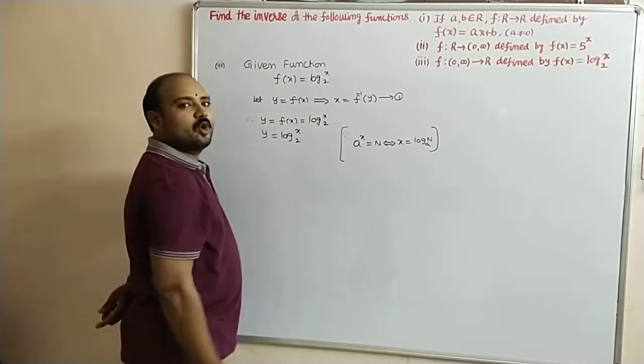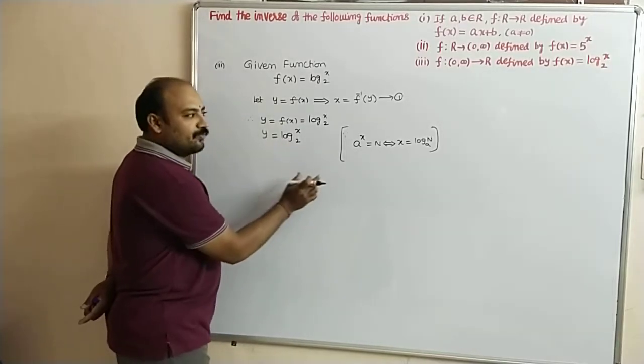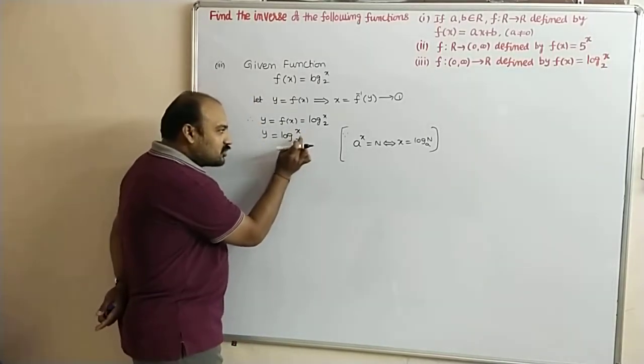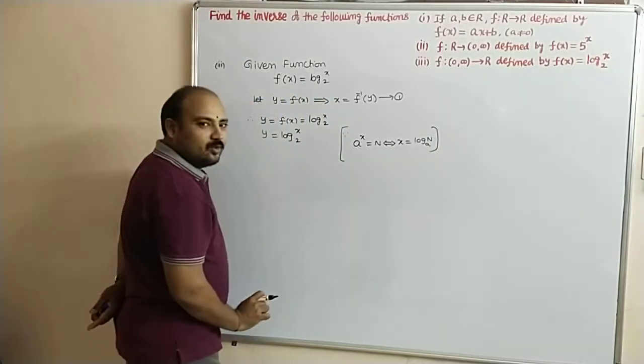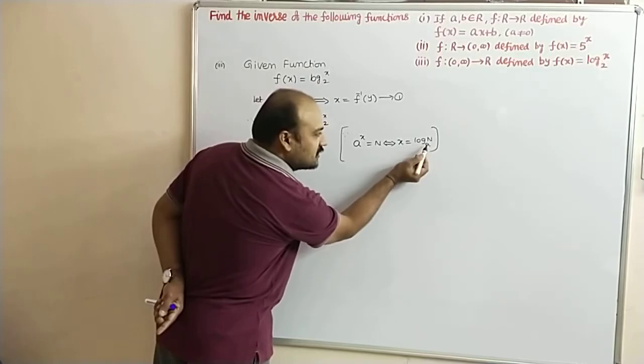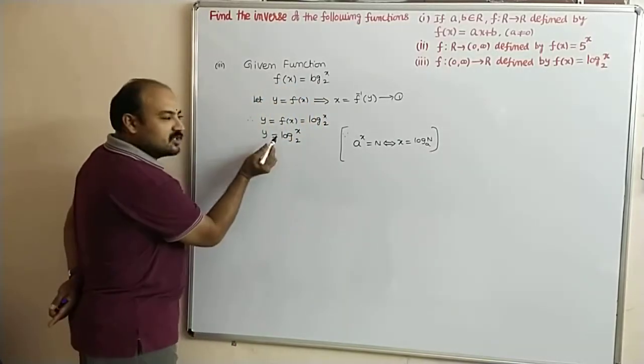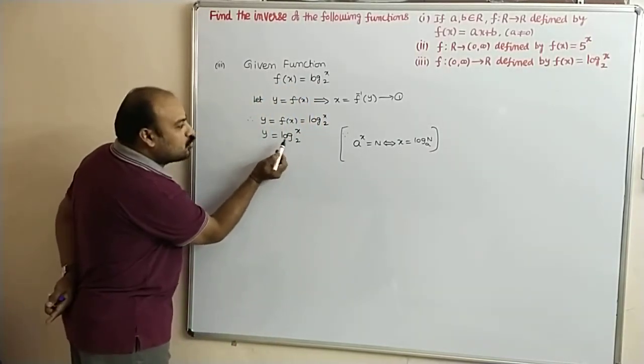This is the definition of logarithm. Here also, y is equal to log x to the base 2, which is in the form of x is equal to log n to the base a only, no? So n can be expressed as a power x. So similarly, x can be expressed as 2 power y.